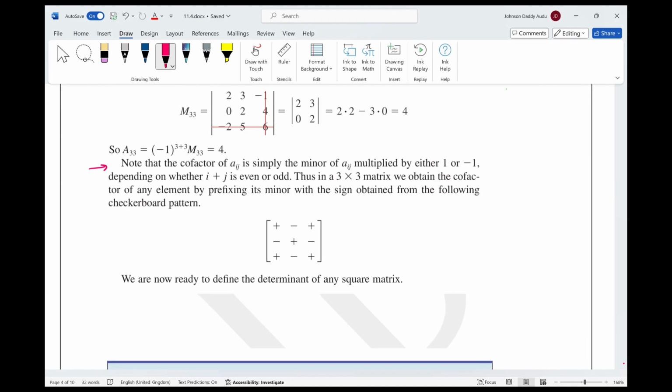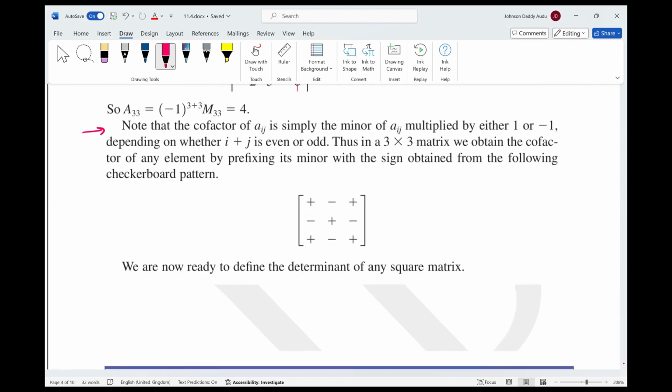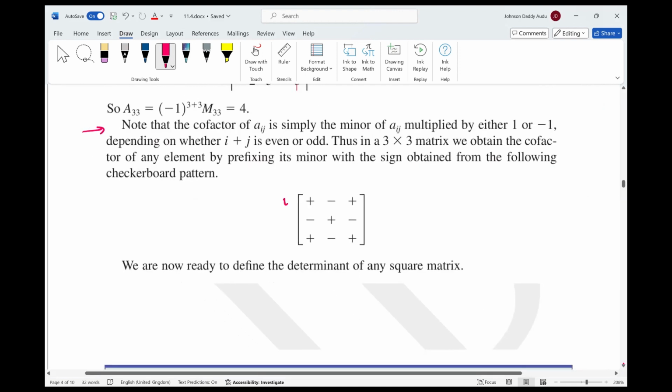Because for every element in a 3 by 3 matrix, this one means i is 1, then i is 2, i is 3. Here, j is 1, j is 2, j is 3.